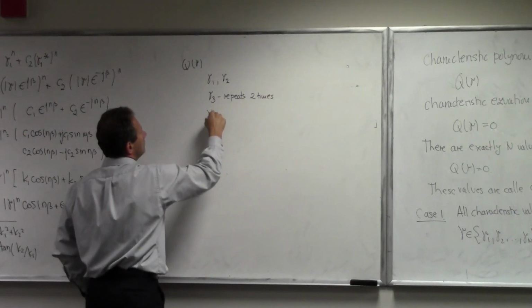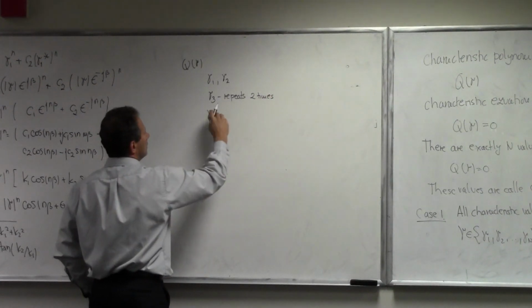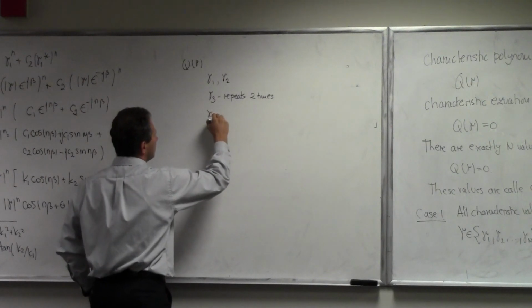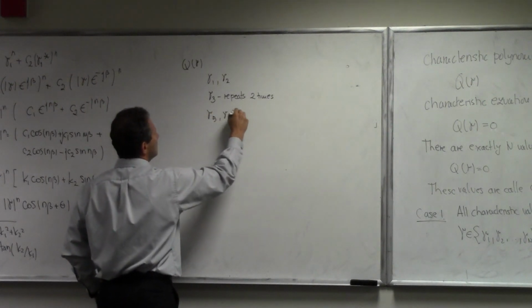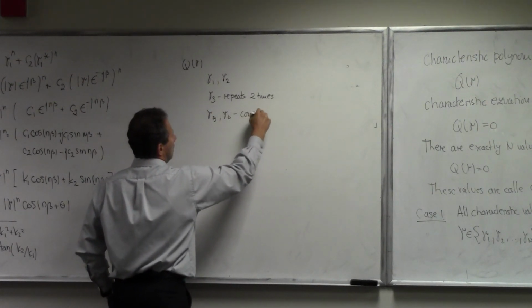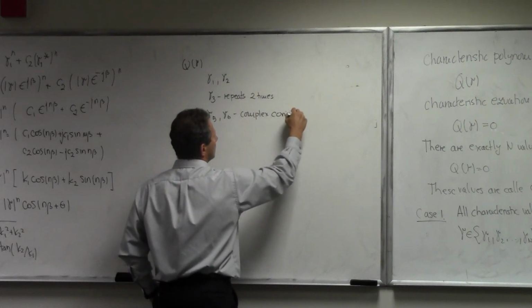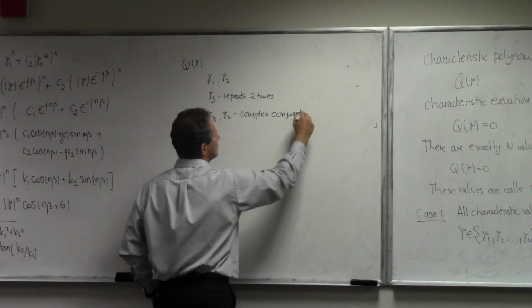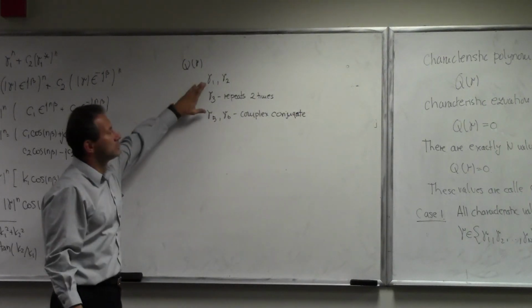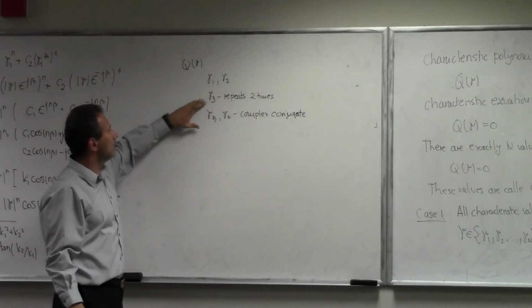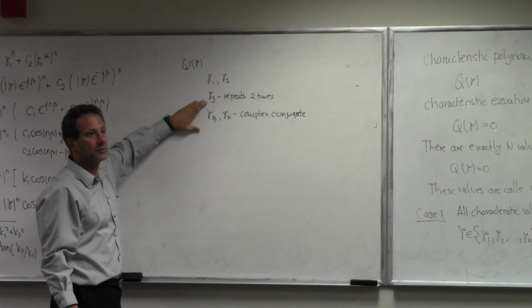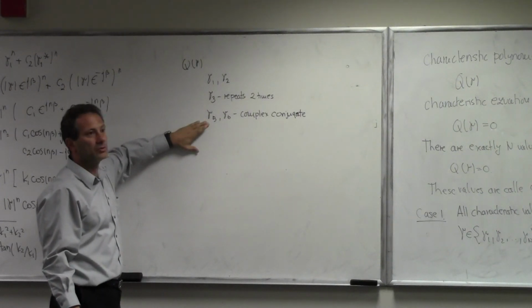And gamma 5 and gamma 6 are complex conjugates, right? So I have 2 real roots, which are simple roots, 1 real root which repeats 2 times, and then I have 2 complex roots.